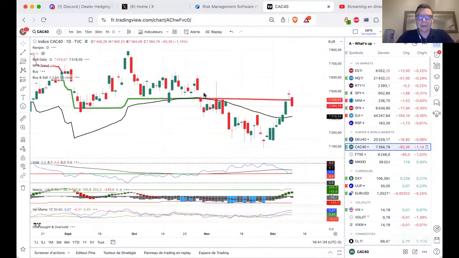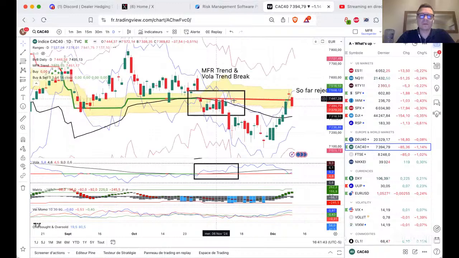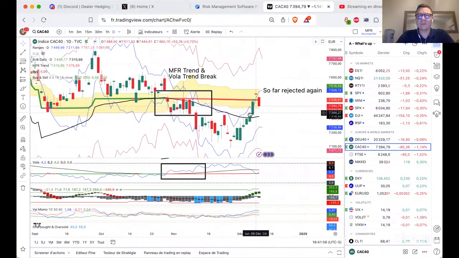Now CAC, so it broke trend here, confirmed. This is when we had, it was before the show, and it tried to reclaim MFR trend and my volatility trend, and so far it has rejected this attempt. So we should see.